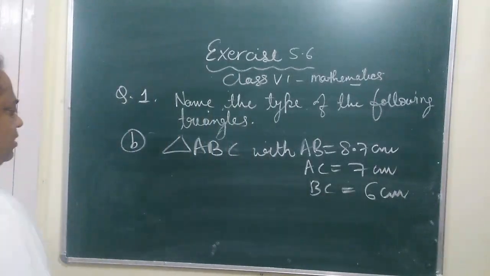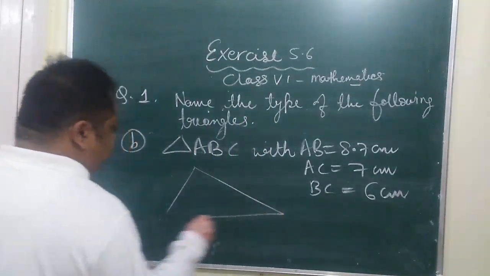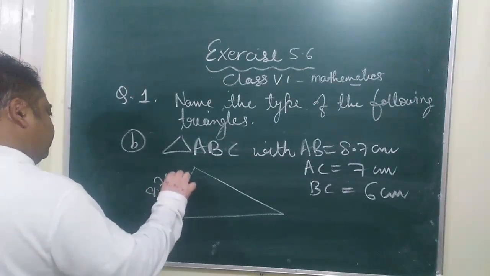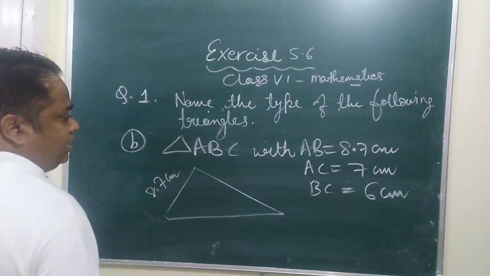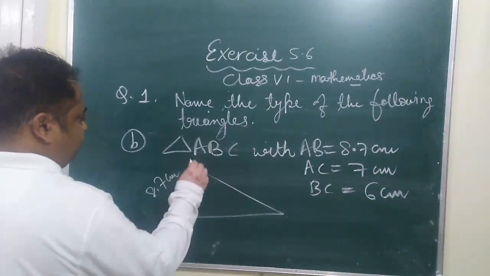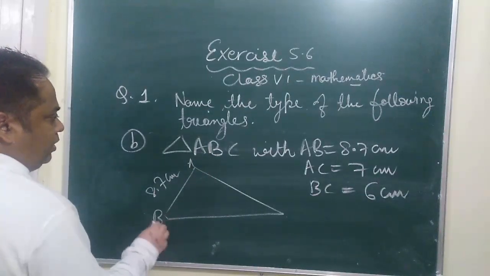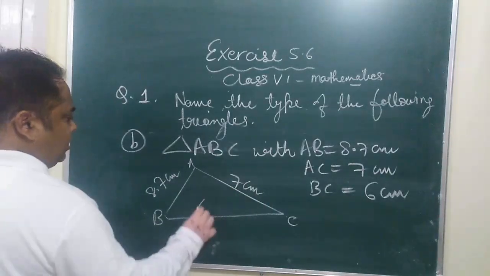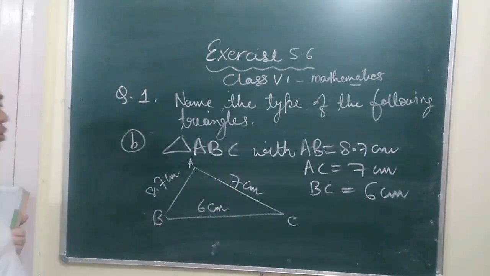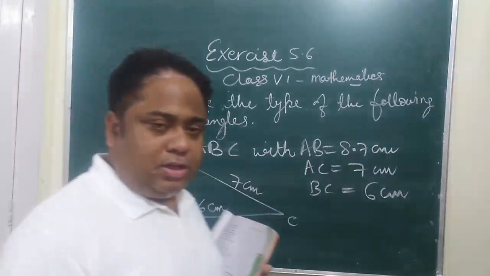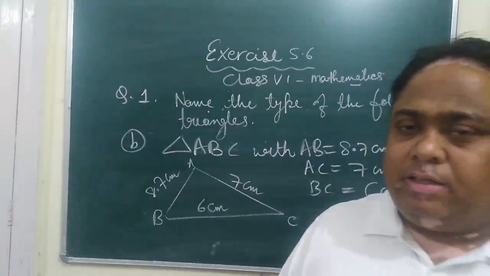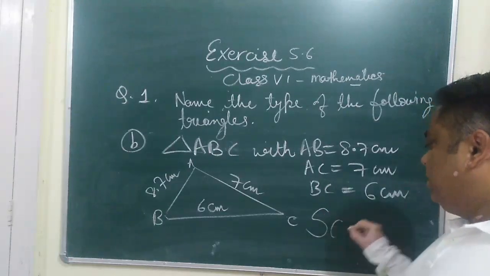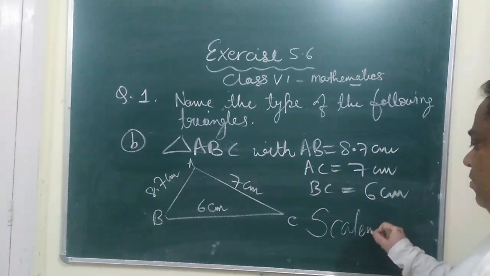So what type of triangle is this? First of all we'll draw ABC. AB is 8.7 centimeter, AC is 7 centimeter, and BC is 6 centimeter. Since all the three sides are different in length, it is called as scalene triangle. So here also the answer will be scalene triangle.